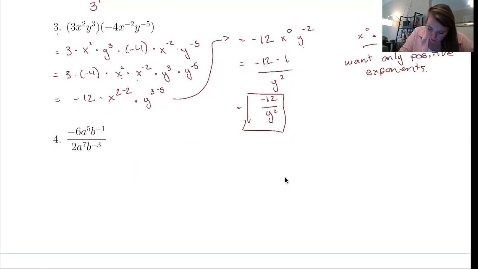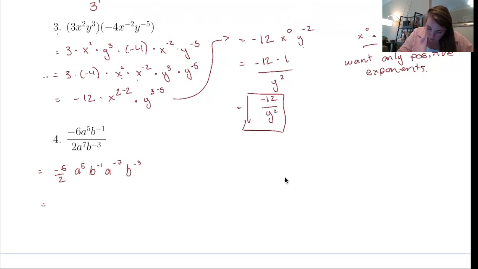So what that's going to look like is negative 6 divided by 2, a to the 5, b to the negative 1, a to the negative 7, and b to the negative 3, right? Then I can do what I did in the second step up here.